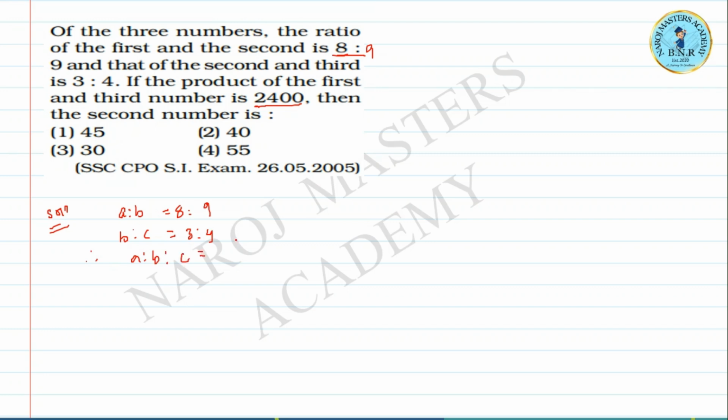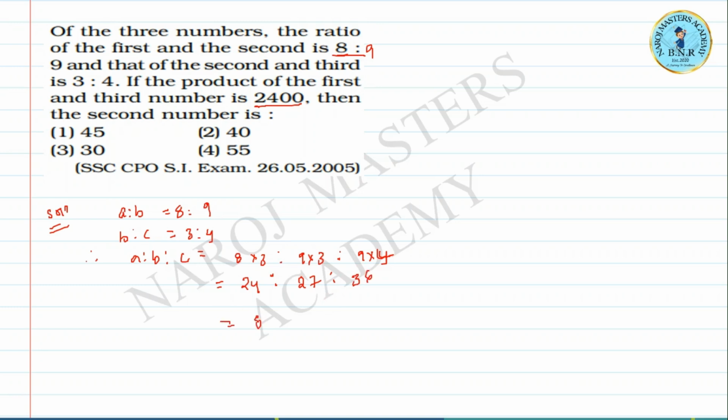Now cross multiply: 8 into 3 is to 9 into 3 is to 9 into 4. 8 3s are 24, 9 3s are 27, 9 4s are 36.